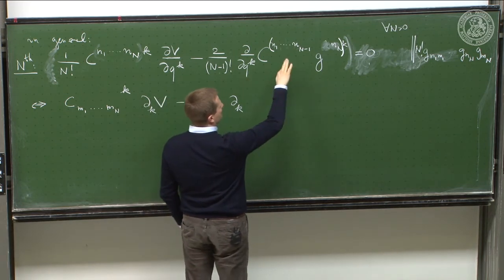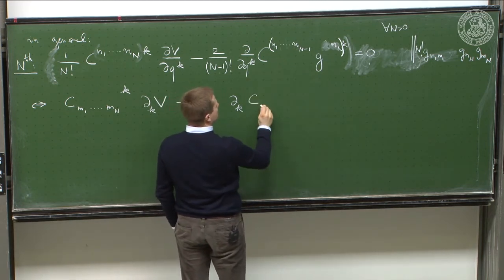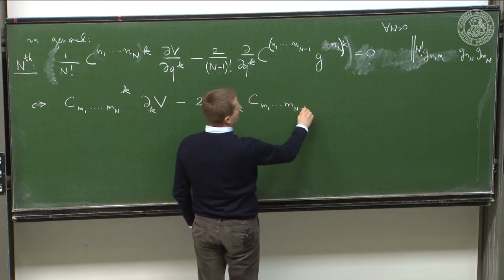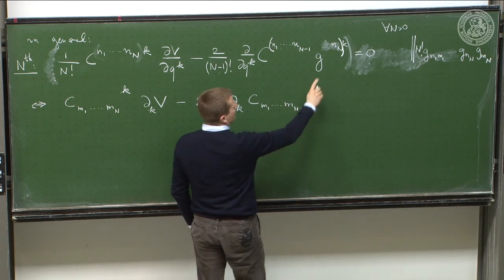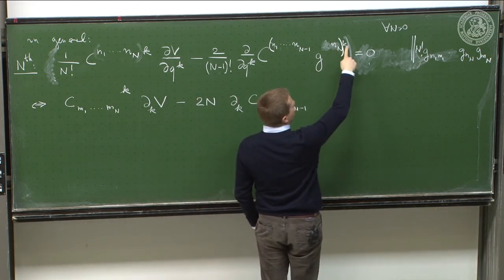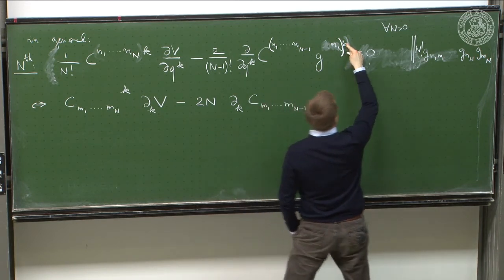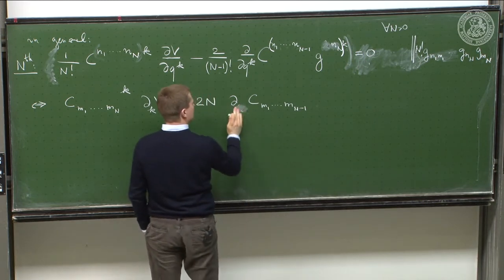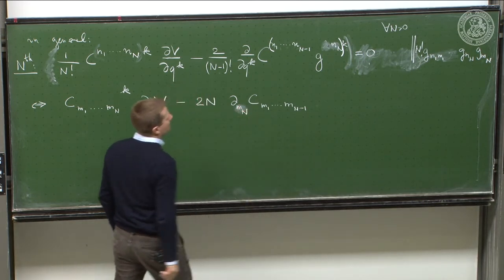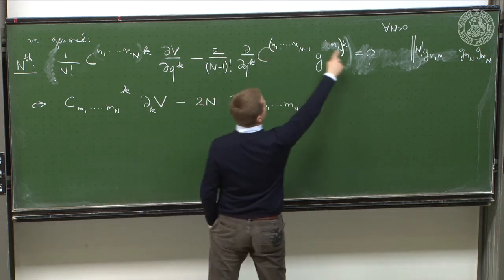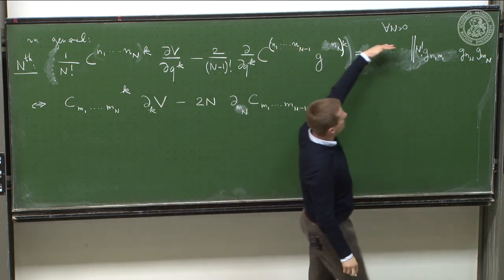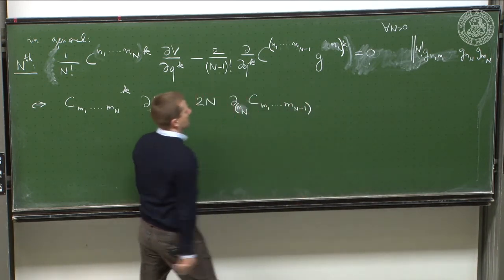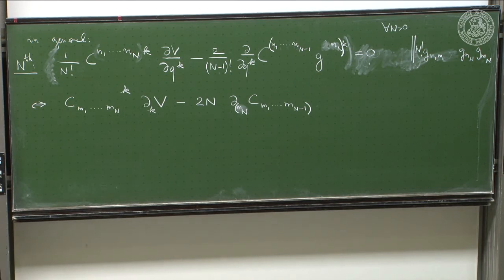I pull the flat metric straight through. So I get C m1 to mn minus 1. They're certainly pulled down. But also here I pull down the last one. That gives me a delta k mn. But a delta k mn is this one, mn. And I don't forget that I had here the symmetrization. The symmetrization will be inherited down here, so I need a big bracket here. And this big bracket is all important.